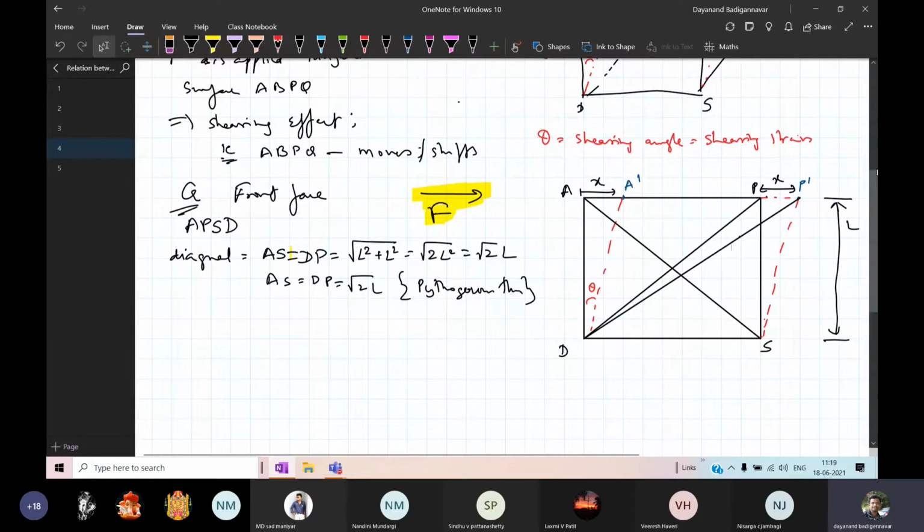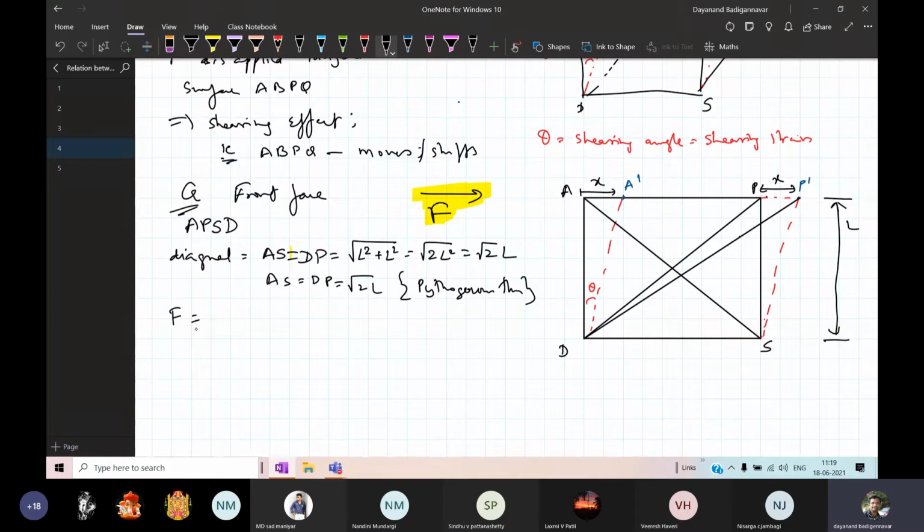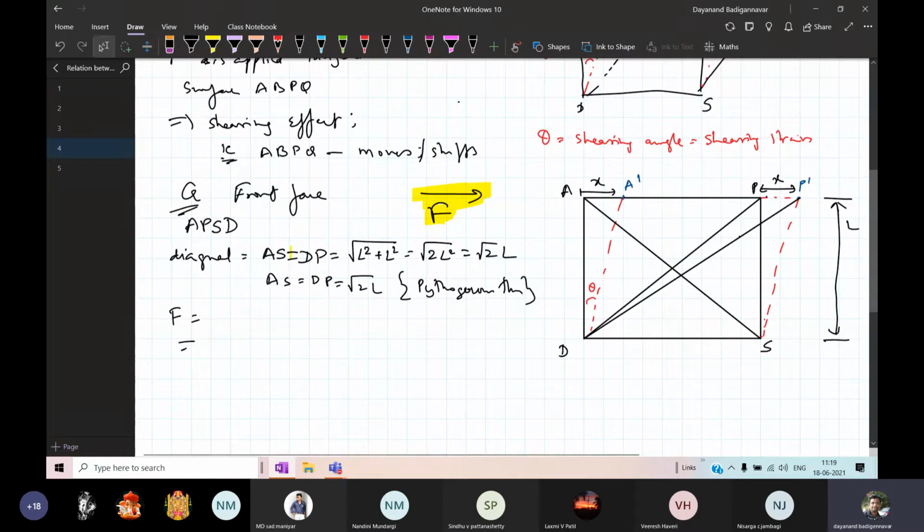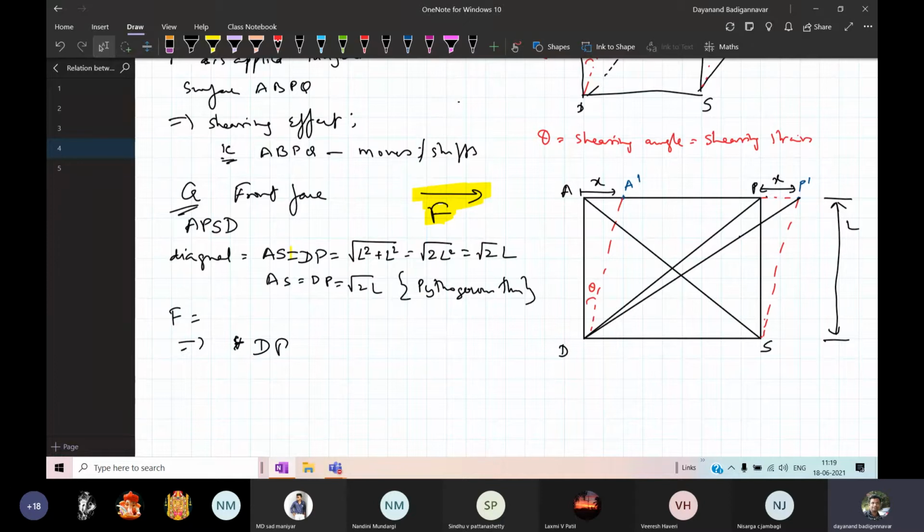DP dash. So after application of the force, the force that you have applied will change the diagonal. So the diagonal DP gets enhanced. It increases to DP dash. So how much is the increase? Then comes the question, how much is the increase?